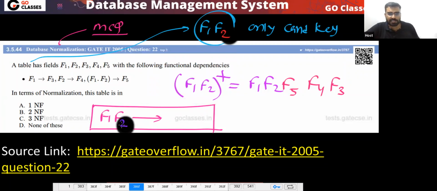Look at this dependency, F1, F2 determining F4. Is this a partial dependency? Tell me. Yes, this is a partial dependency because you can remove F1.